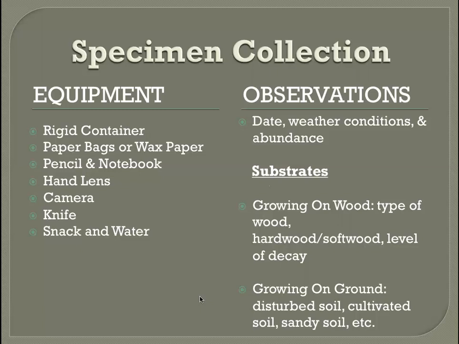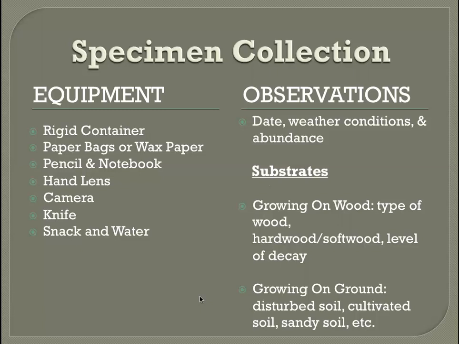Now, some of the things that we're observing, believe it or not, the weather conditions are important. We just had here a stretch of very, very hot and dry weather for about 3 weeks, and then had 4 days of spotty rain, and now the mushrooms are back up. Prior to that, there wasn't a whole lot happening.